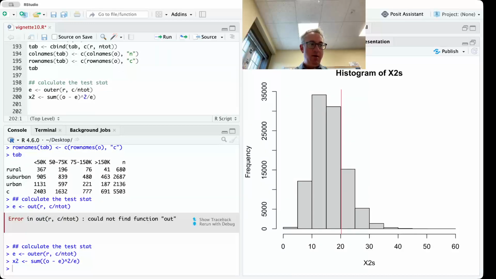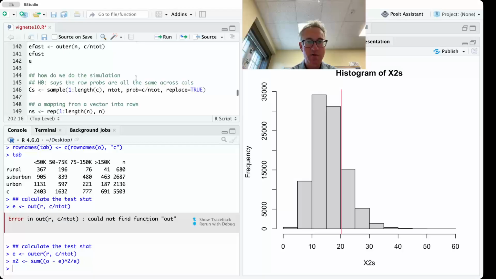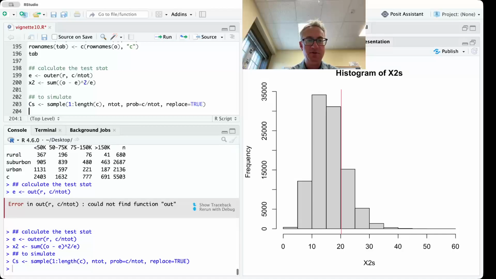Okay. And now to simulate, well, first I can grab the columns from before. Right, so this is how I simulate columns. That doesn't change. But now I need to acknowledge that the rows are also random.